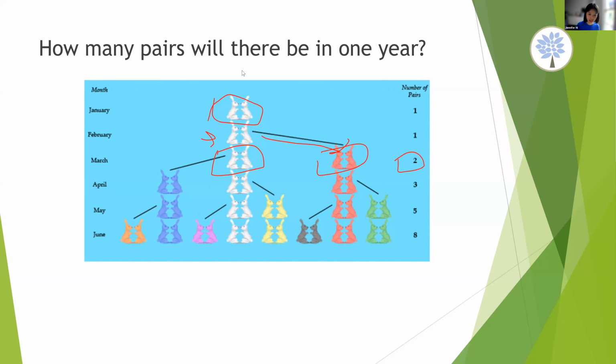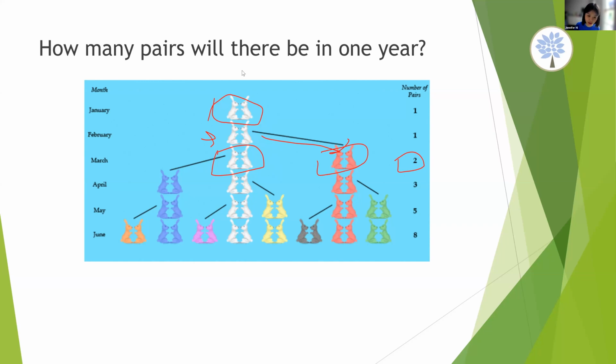In April, there are the 2 pairs of rabbits from March. That's another pair that is given birth to by the initial pair. The red pair does not produce another pair that month since it is only 1 month old.